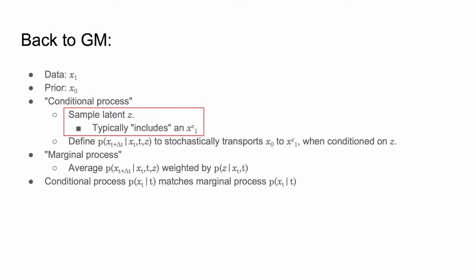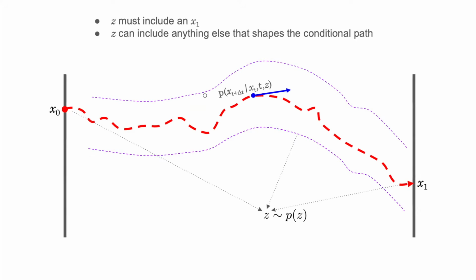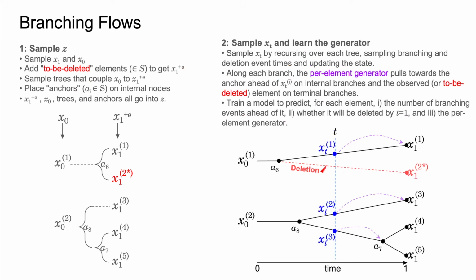But here we really go wild with Z. The idea is Z must include an X1, but it can include anything else that shapes the conditional path. So you can put things in Z and use them to do whatever you want with your conditional path. And we do quite a lot of that. You're going to have to bear with me when I walk through the construction because there's a lot of detail, but it all ties together in the end.